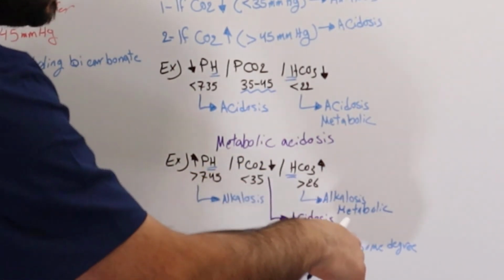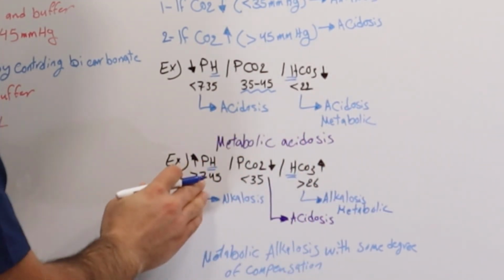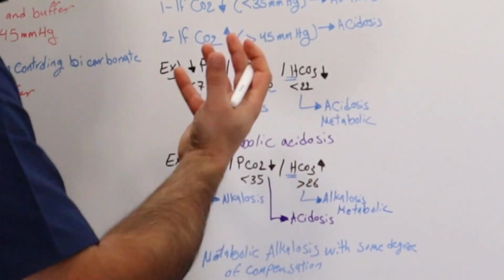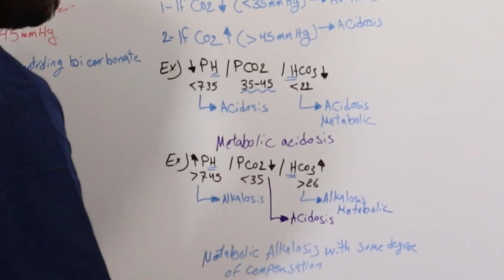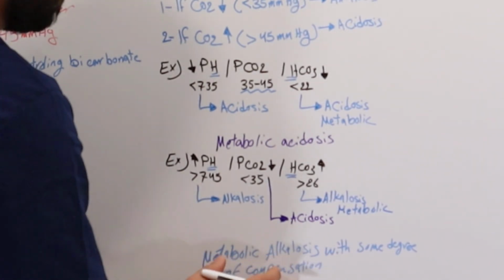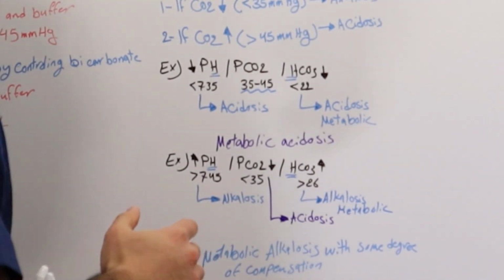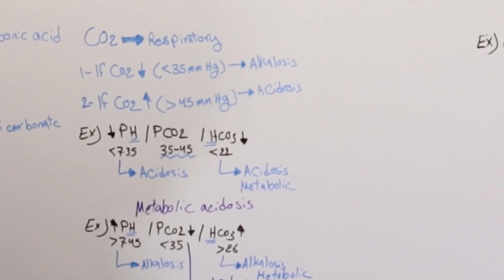It's trying to lower that pH so it can go between 7.35 to 7.45 to keep it at that neutral pH. This is why I said with some degree of compensation, because in this case the lungs are compensating for that increase of pH. So let's look at two other examples to better understand how to interpret the ABG.